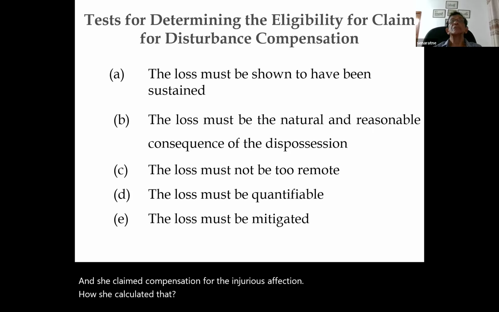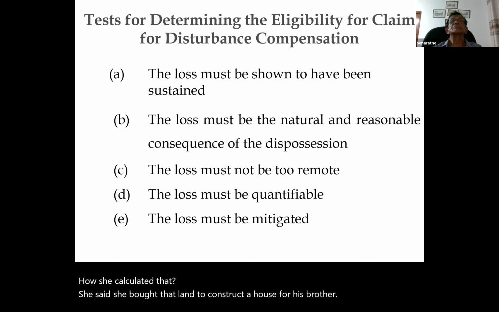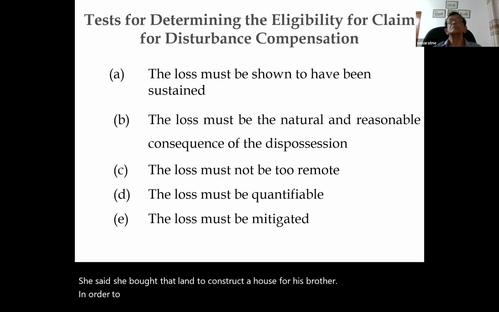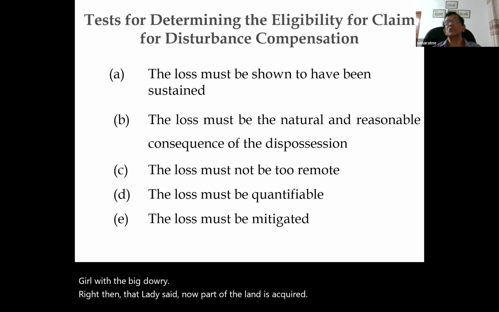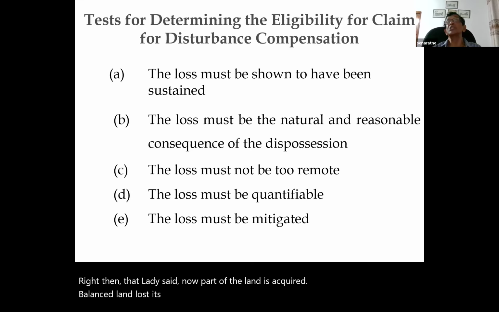She said she bought that land to construct a house for her brother in order to get him married. If you have a house, then you can get a girl with a big dowry. She said now part of the land is acquired, the balance land lost its real value. Therefore, she claimed compensation for that sort of injurious affection.